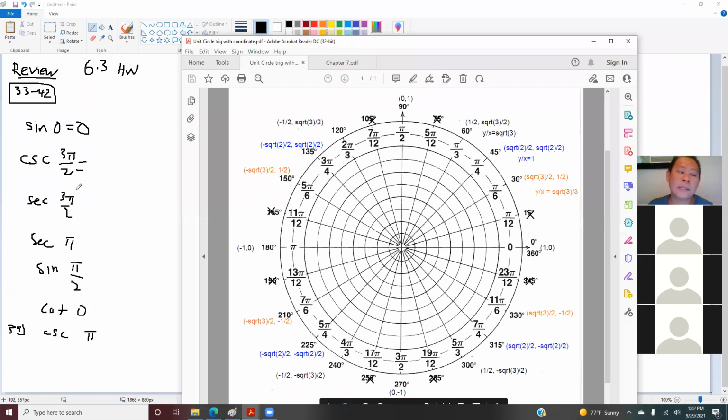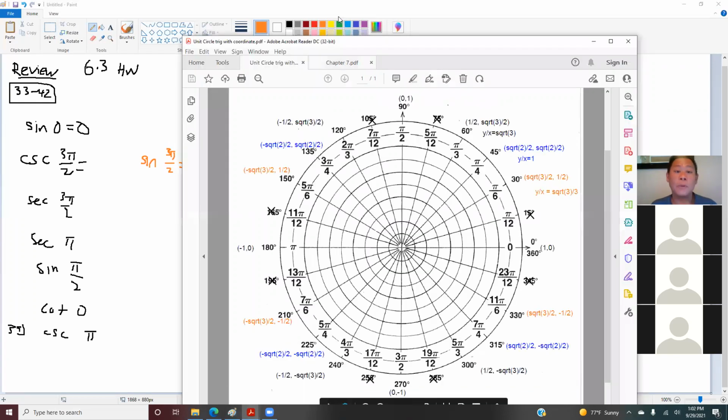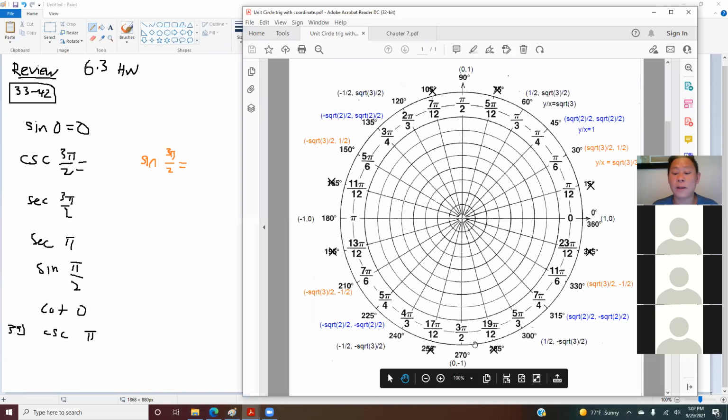Now, cosecant, can someone tell me what is the reciprocal of cosecant? 1 over secant. So it's a sine, right? It's not secant, it's 1 over sine. So cosecant is 1 over sine. So what you do here is you find out what sine 3 pi over 2 is. And how do we do that? Look at the 3 pi over 2, which is right here.